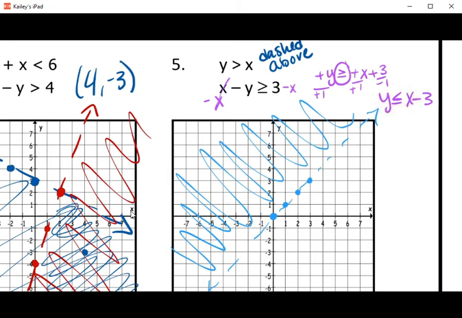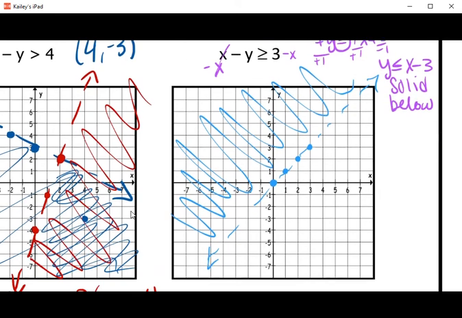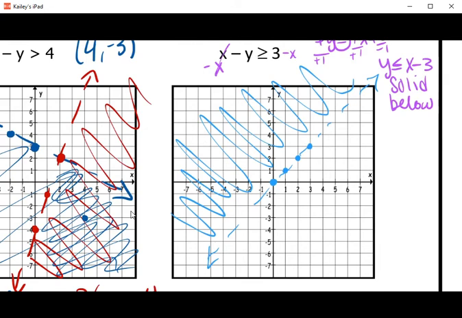So that means this is going to be a solid line. And since it's less than, we're going to shade below. Y-intercept is at -3, and then the slope is 1. So I've got a solid line that goes through there, and I'm shading below.